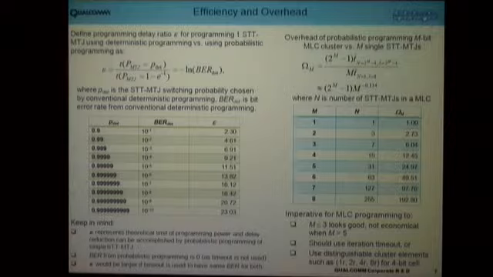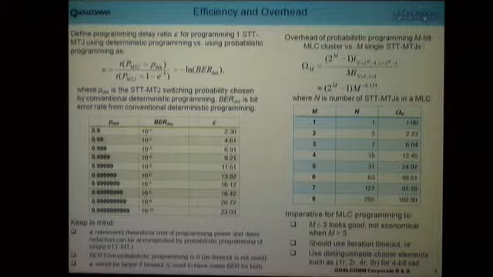And for multi-level cell programming, because once we have the STT-MTJ cluster it's essentially a multi-level cell, we define the programming overhead as the time required to program the m-bit multi-level cell versus the time required to program m single STT-MTJs probabilistically.